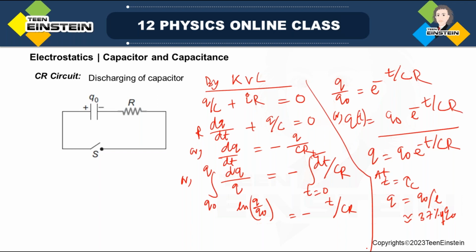That means what? Time constant is the time taken by the circuit to discharge the charge of the capacitor by 37% of its maximum charge. That is actually the time constant. Okay.